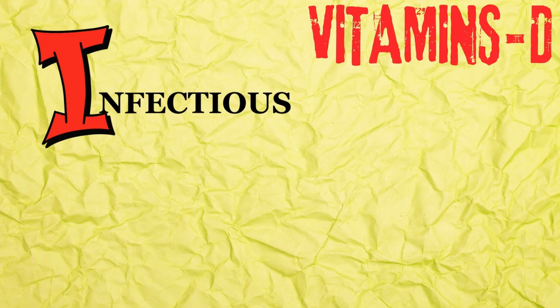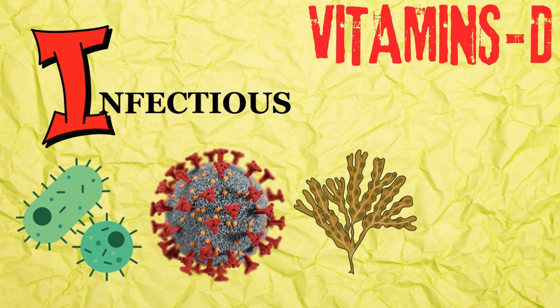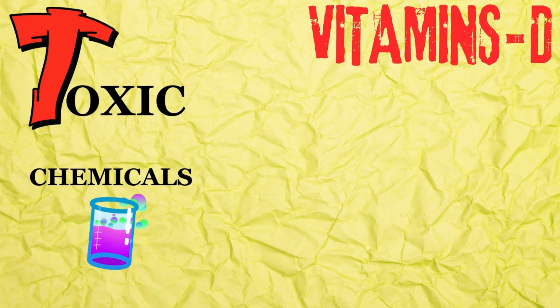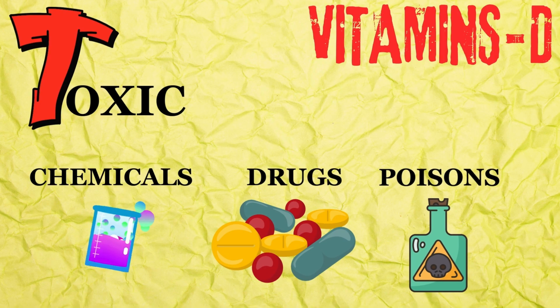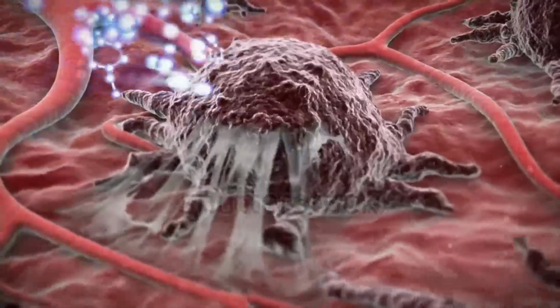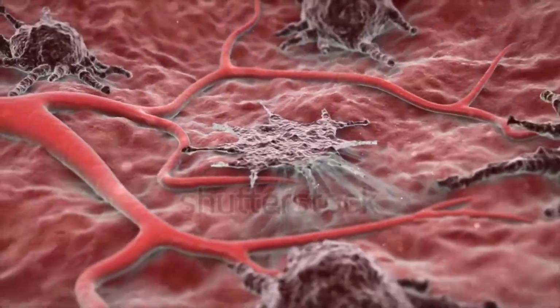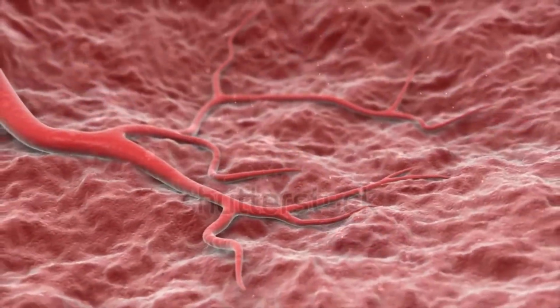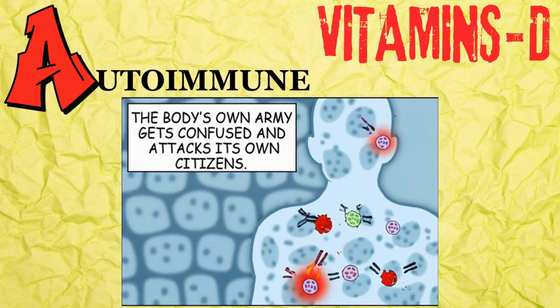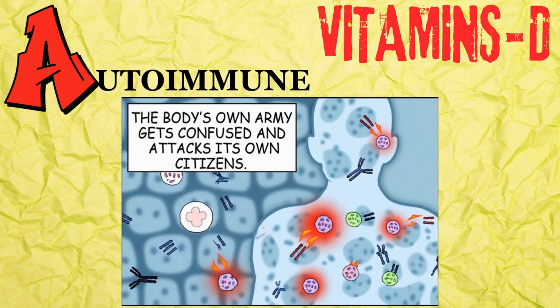Infectious, bacteria, viruses, fungi, parasites. Toxic, chemicals, drugs, poison. Alcohol damages liver cells, chemotherapy kills cancer cells and some normal ones. Autoimmune, the body's own army gets confused and attacks its own citizens.